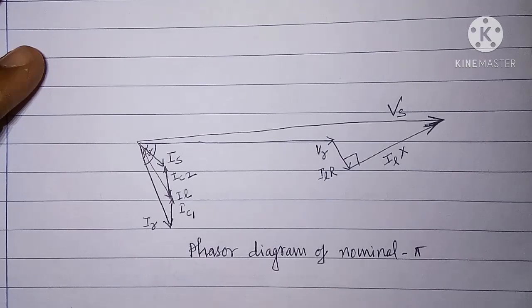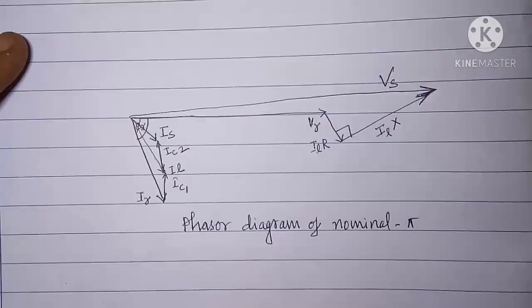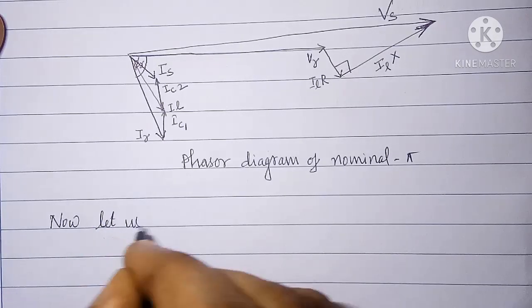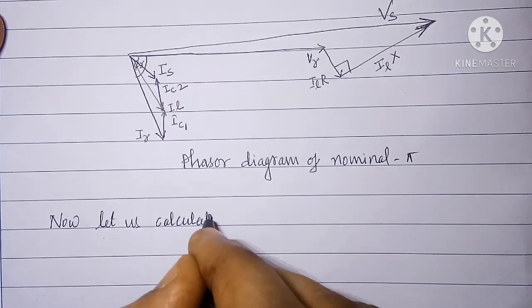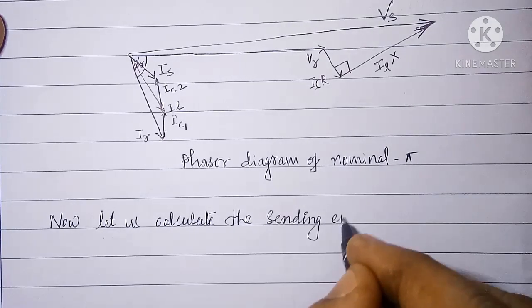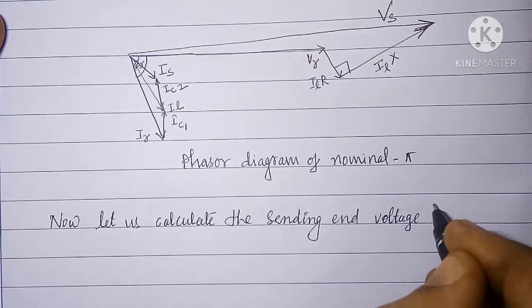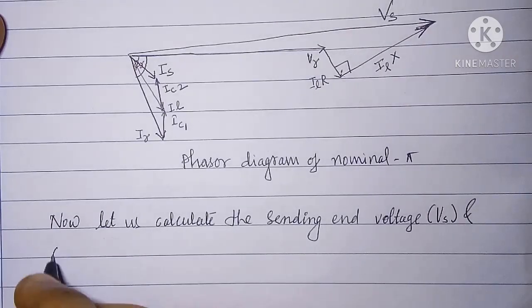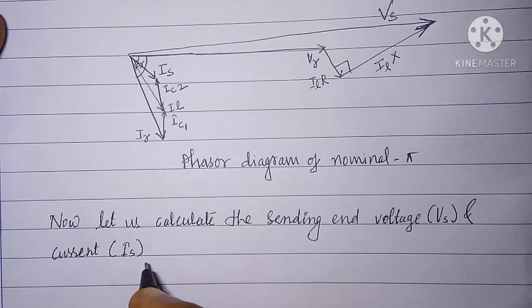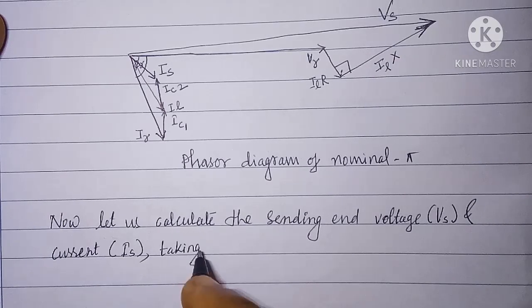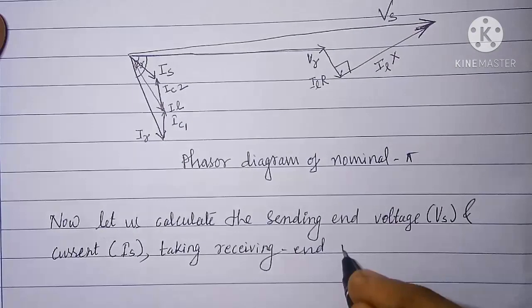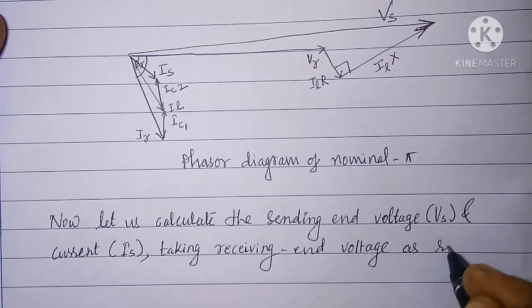Nominal pi. Now let us calculate the sending end voltage Vs and current Is taking receiving end voltage as reference.